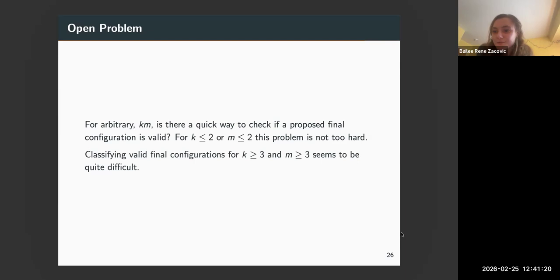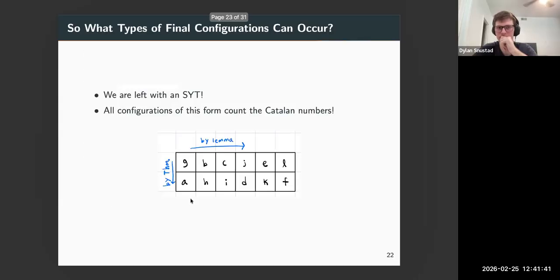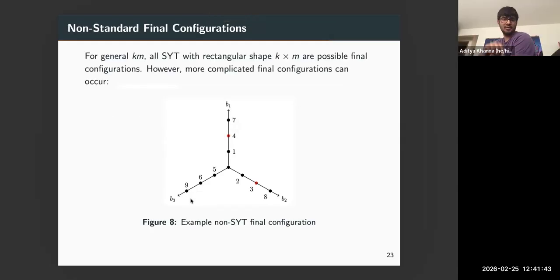Other questions for Dylan? Yeah, I really liked your exposition, it was very clear. Thank you. Question about the three case you showed, the non-standard configuration. By your theorem, I think we know that they're always increasing along the branches.